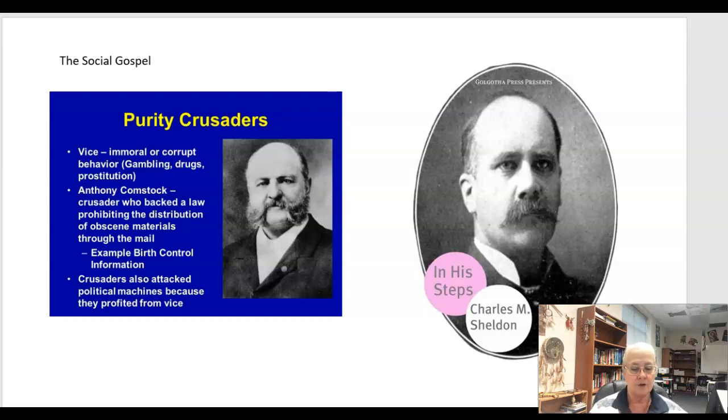It's called vice, and so they're trying to clean up society. And this right here is Anthony Comstock. And so it's going to be one of the first laws that's going to prohibit obscene or porn type of literature being sent through the mail and stuff like that.